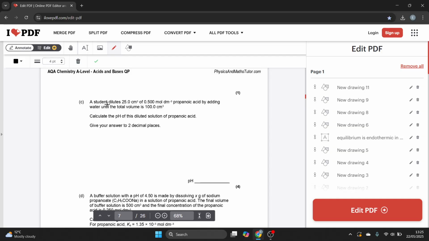So the first thing I need to work out is the new concentration. And it's quite clear to me from that, because it tells me the student dilutes this much until the total volume is this. So that's the total volume. I want to work out the new concentration.